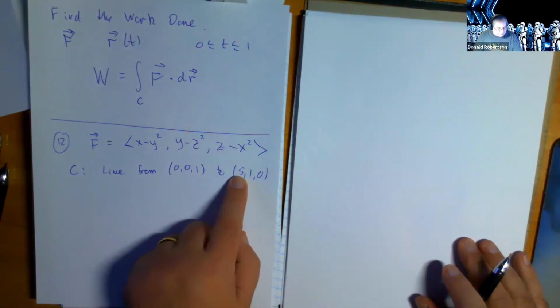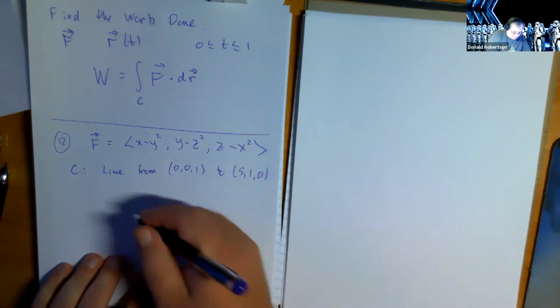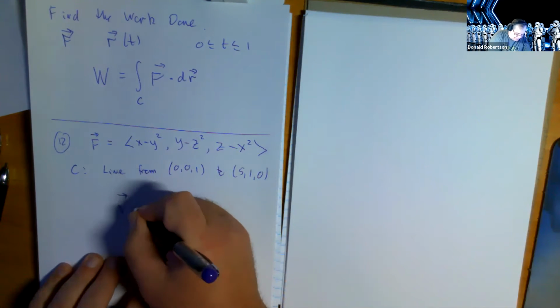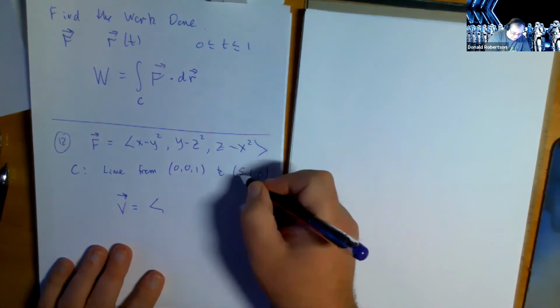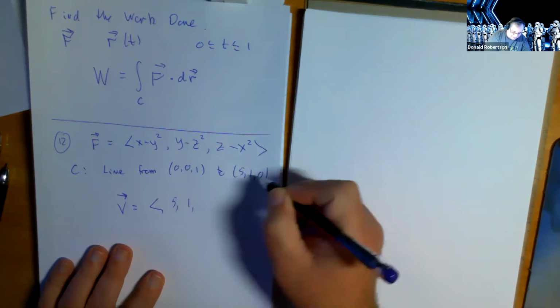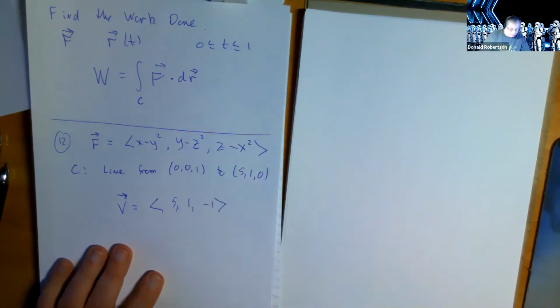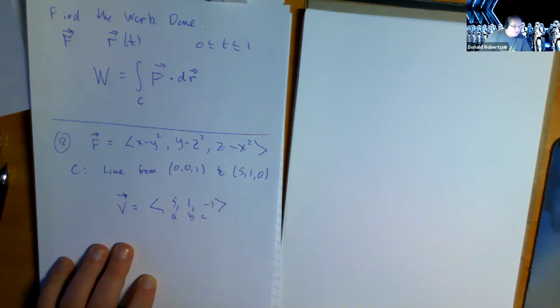Would you agree this one is pretty straightforward because we've already talked about this before, but just to remind you, don't you find the direction vector v? And in this case, 5 take away 0, 1 take away 0, and 0 take away 1. And I believe I called that, if I keep to my notes, ABC?